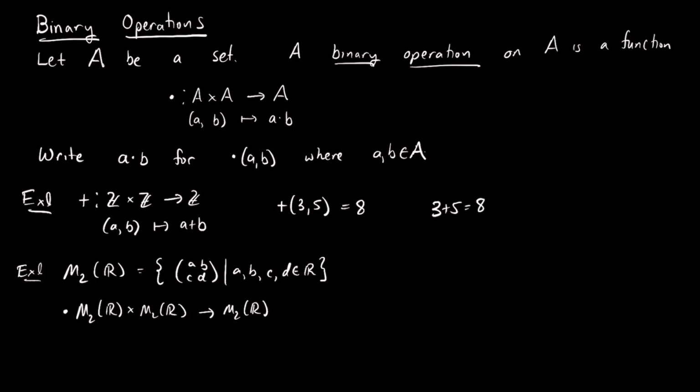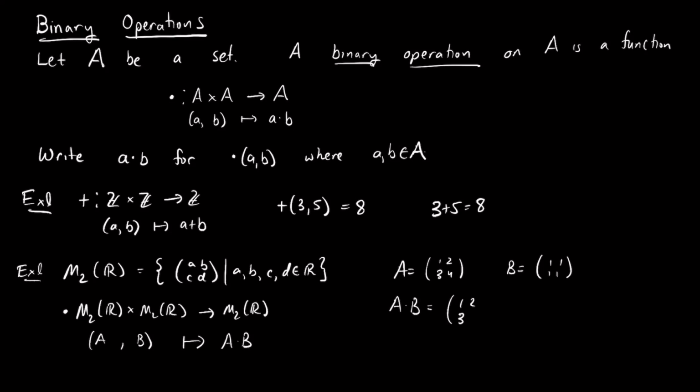I can say take a matrix A, take a matrix B, and give back their product A dot B. So for example, I can let A be the matrix 1, 2, 3, 4, B be the matrix 1, 1, 1, 1, and A dot B is of course their product, which we would write as 1, 2, 3, 4 times 1, 1, 1, 1. And what would this give me back? This would give me the matrix 3, 3, 7, 7.